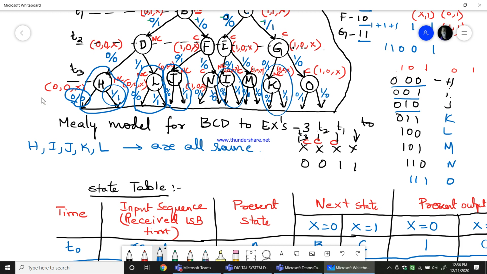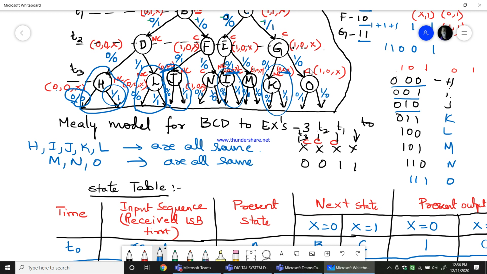The reason is you have 0 0 x. L also you have 0 0 x, and J also you have 0 0 x, and I also have 0 0 x, K also has 0 0 x. Whereas remaining M, N and O are all same.